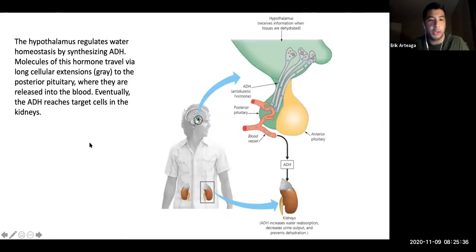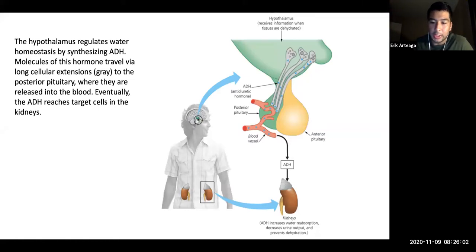All right, so the hypothalamus regulates water homeostasis by synthesizing ADH, or antidiuretic hormone. I think it's also called vasopressin. Molecules of this hormone travel via long cellular extensions, shown here in gray, to the posterior pituitary, okay? Shown here, where they are released into the blood. Eventually, the ADH reaches target cells in the kidneys, right?